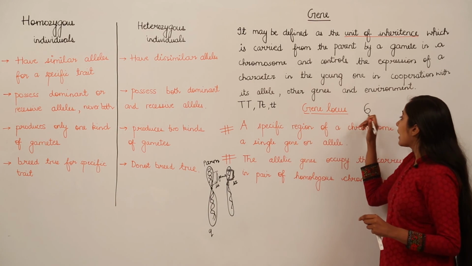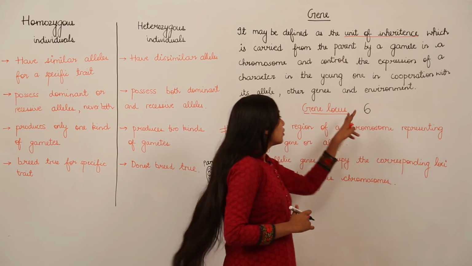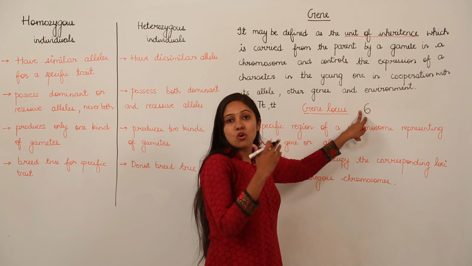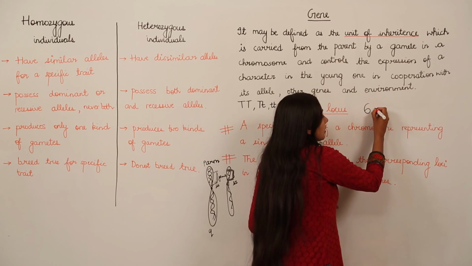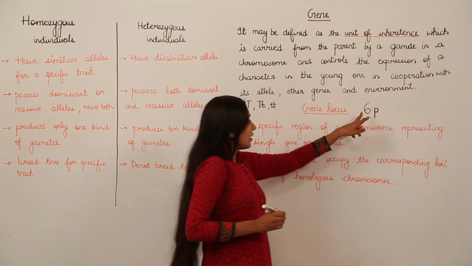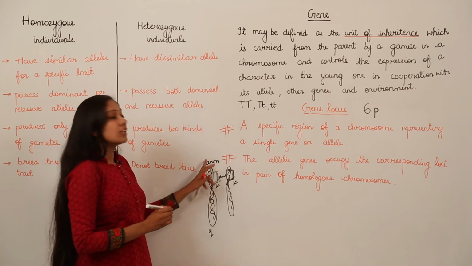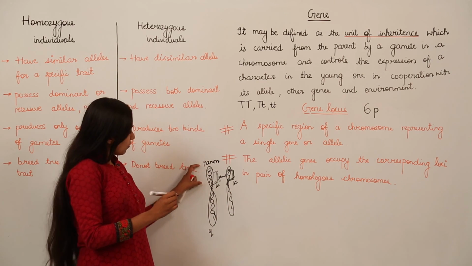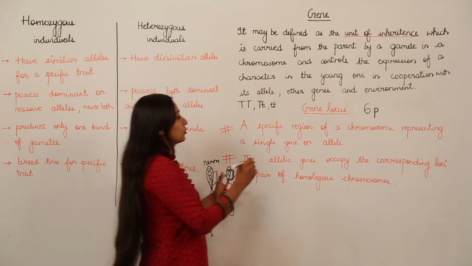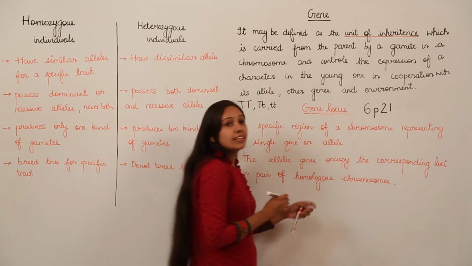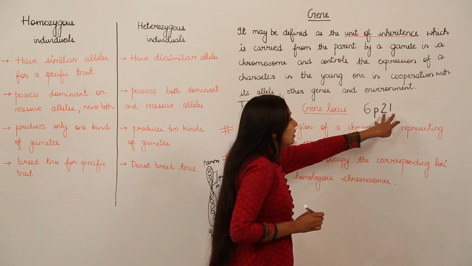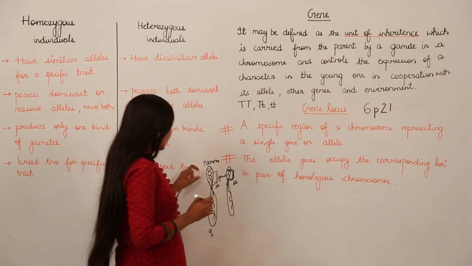So, when I write the numeral 6, it means I am talking about chromosome number 6, and when I write a lowercase letter p, it says that we are talking about the smaller arm of the chromosome, the P arm. And supposing I write 2, 1, what does this 2, 1 encode?